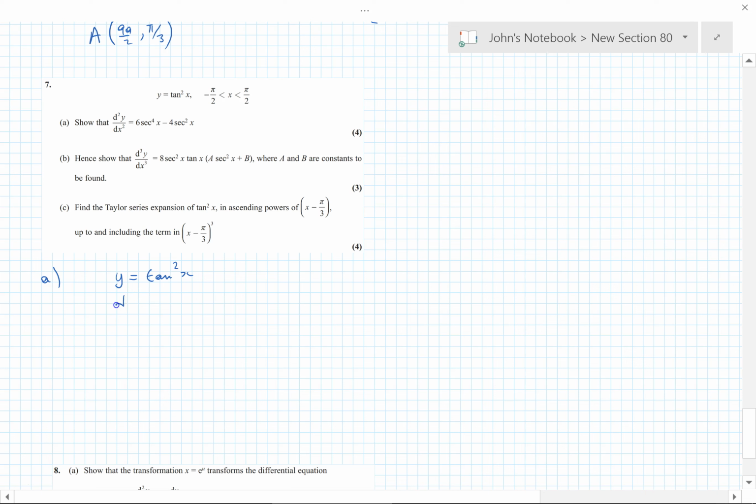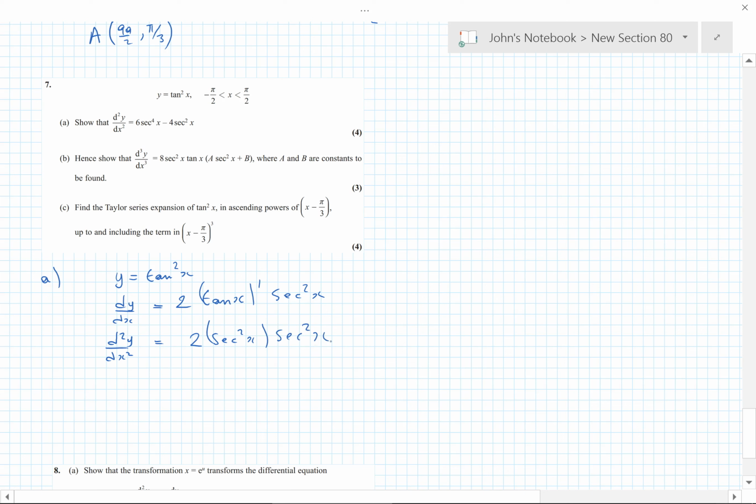We're going to use the chain rule to differentiate. So we've got dy by dx is equal to 2 tan x to the power 1, if you like, sec squared x. Right, so now we're going to use a product rule on that. d2y by dx squared is, now differentiate tan x, you get sec squared, so that's 2 sec squared x times sec squared x.